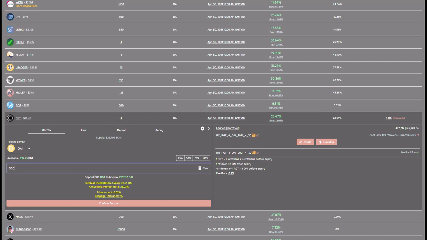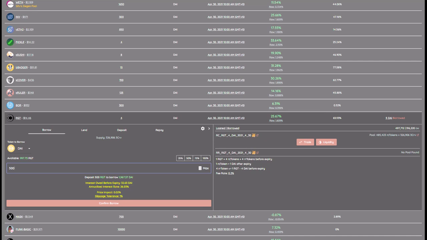Because we're selling that into the pool for you at the point of transaction, we're actually going to give you the DAI when you go to borrow. The RC tokens are traded into the curve pool, and you receive back $1,967.37 in DAI, which is effectively with your interest taken out.